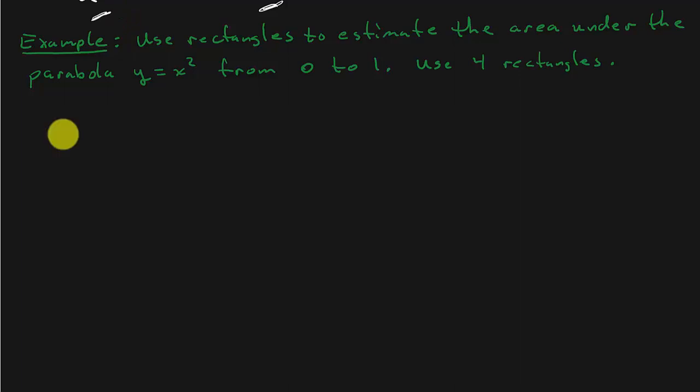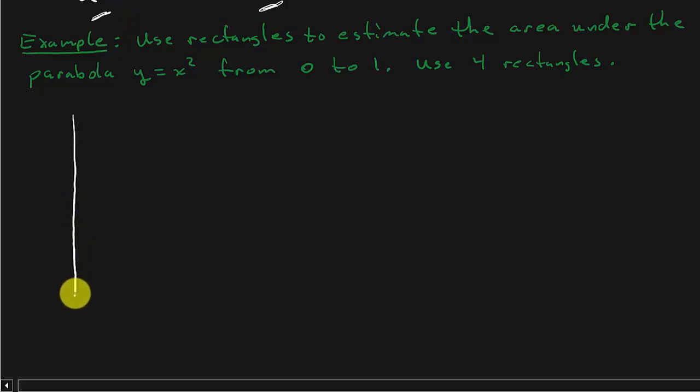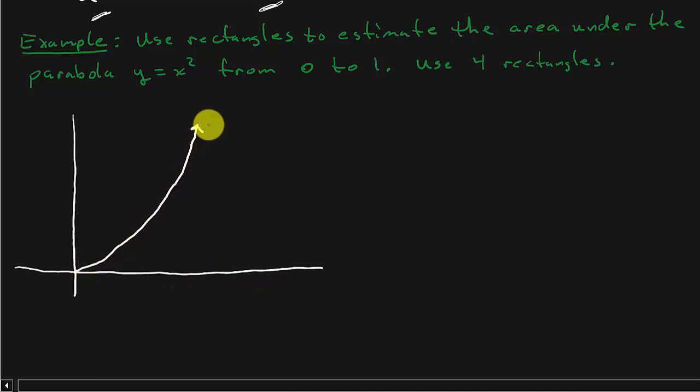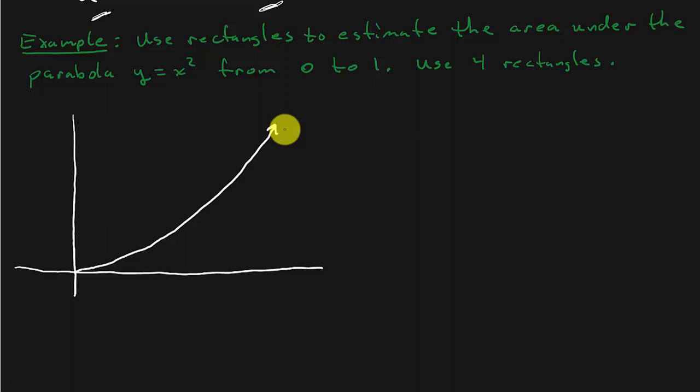So when we graph this thing, we know that's the graph of x squared. And actually, what I'm going to do is kind of exaggerate it a little bit, so we can have some room to write in there and see what's going on.